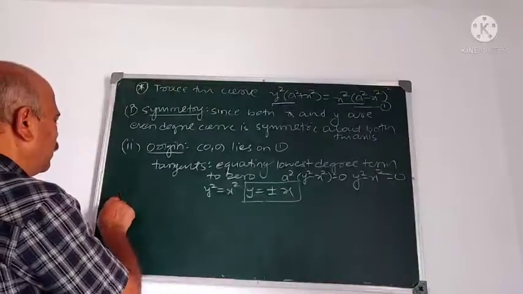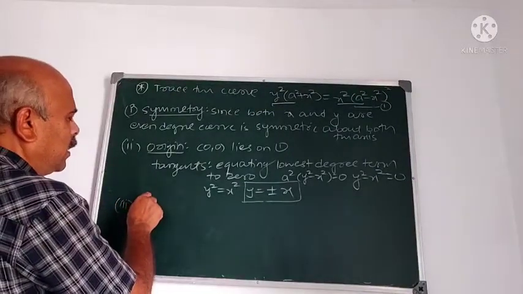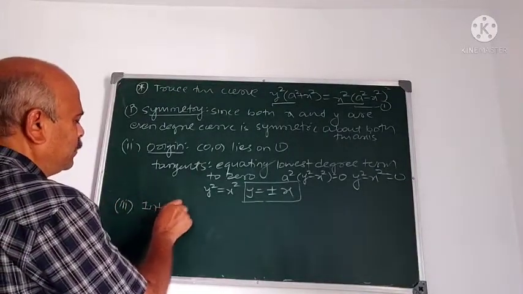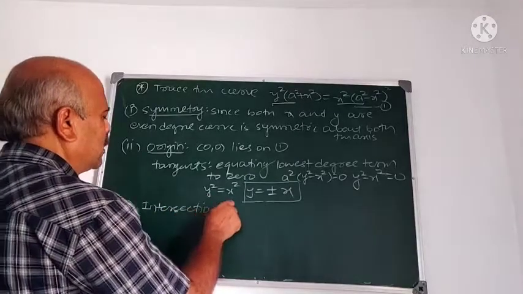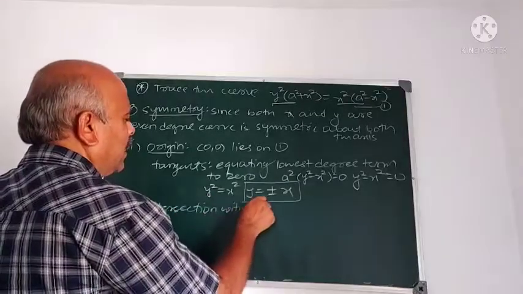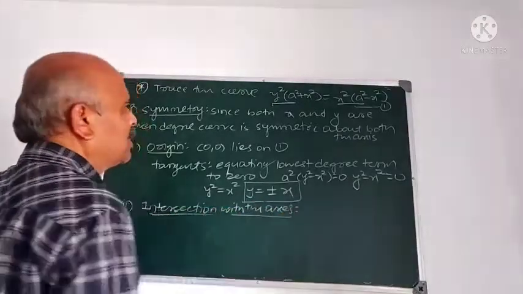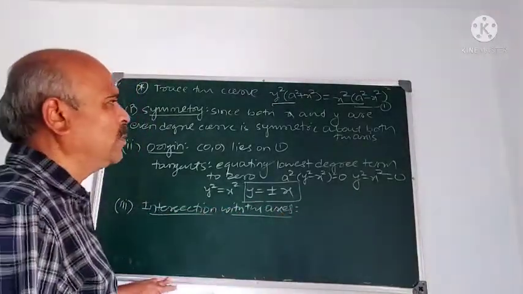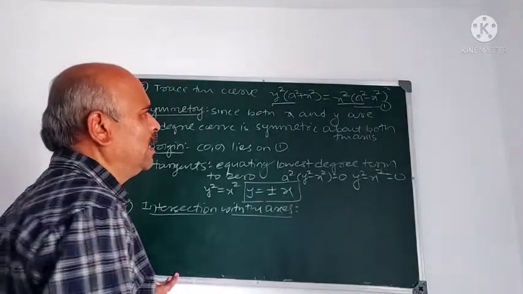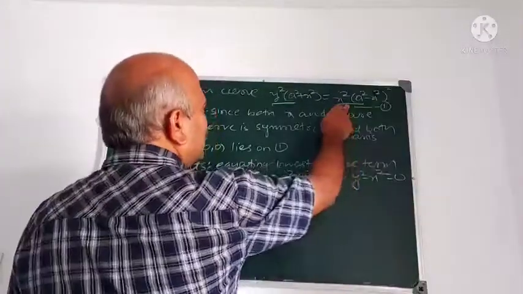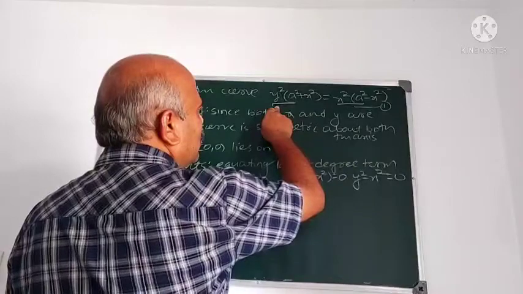Third one, what is the third one? Intersection with the axis, the coordinate axis. In this case, first of all 0, 0 is a point. Then substitute x is 0 and get y is 0.